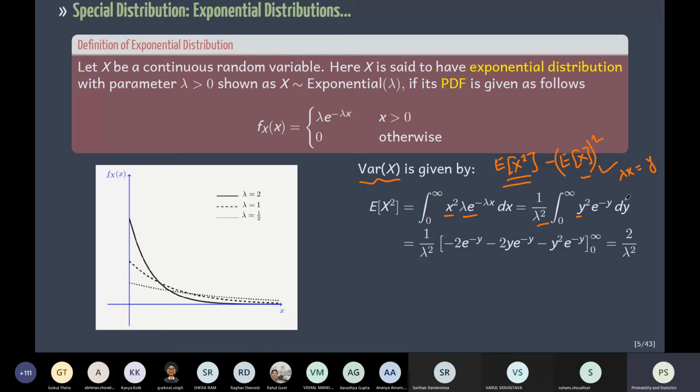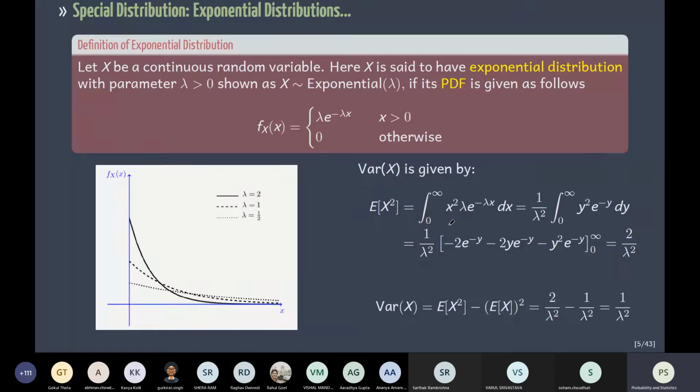These are the things that I leave up to you to verify on your own: how this integration results in this. You do integration by parts. You have to remember these things, integration by parts. These are the things you do in class 12 or class 11. So I leave it up to you to check these things.